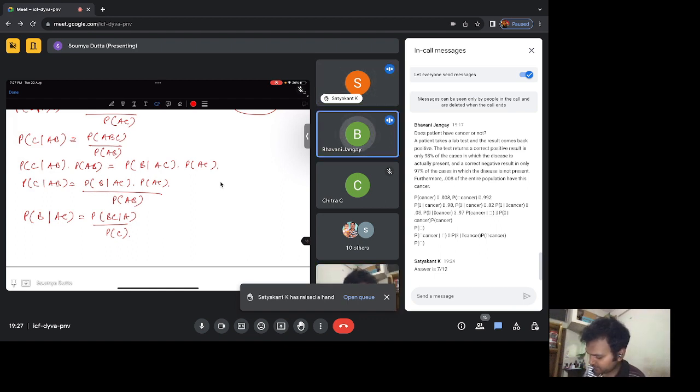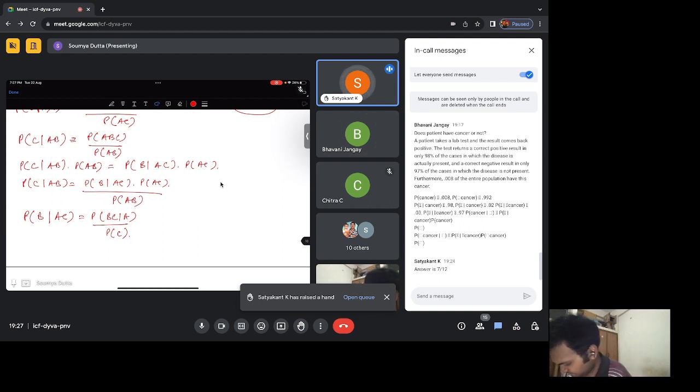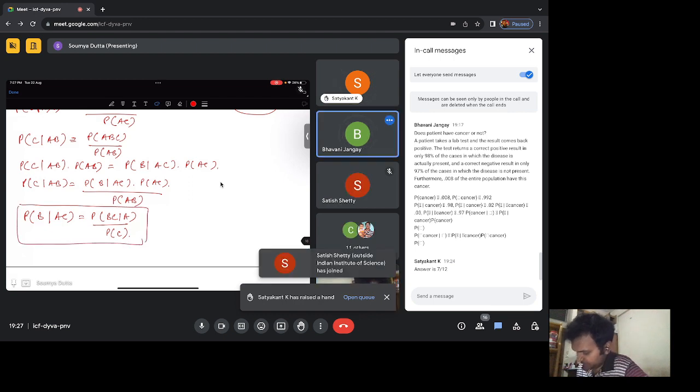No, sir, nothing like that. No independence assumptions, just using simple Bayes theorem. Okay, so you want to prove this, is it? Yes, sir.